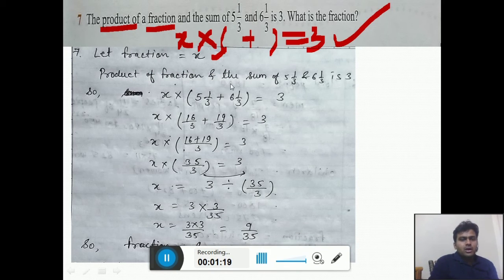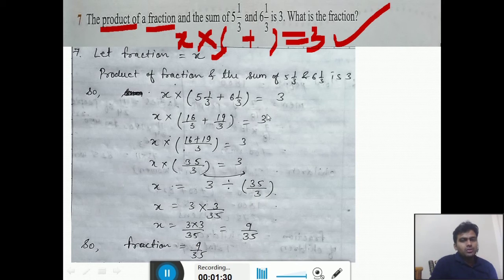Now the product of the fraction x into 5 complete 1 upon 3 plus 6 complete 1 upon 3, to get 3, means equal to 3. So whenever it is written to get any number, to get 3, we have to put an equal sign. Now we have to solve this bracket first.